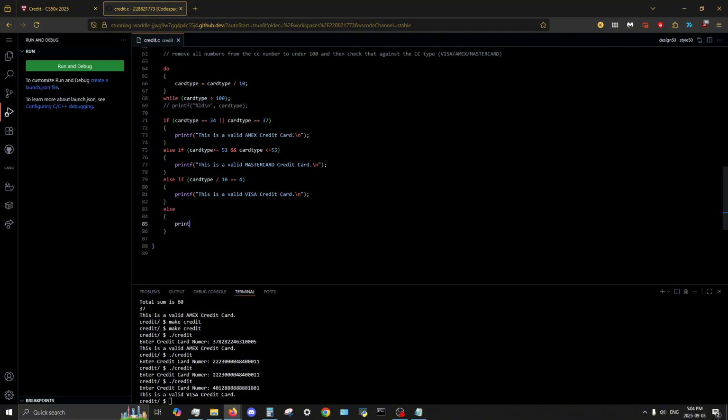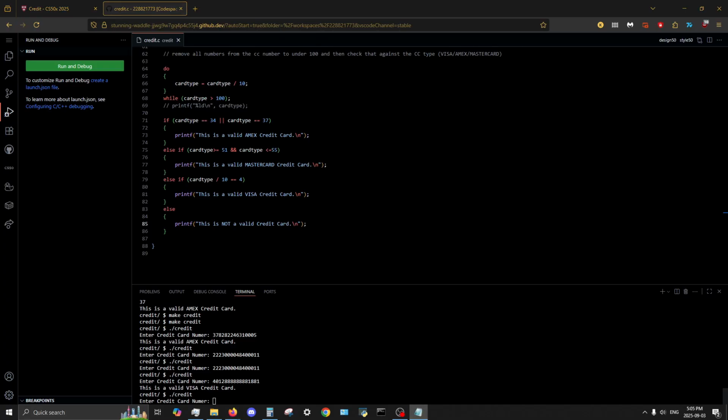Printf. This is not a valid credit card. So let's try that card again. So it is a MasterCard in the list, but it does not satisfy our program.